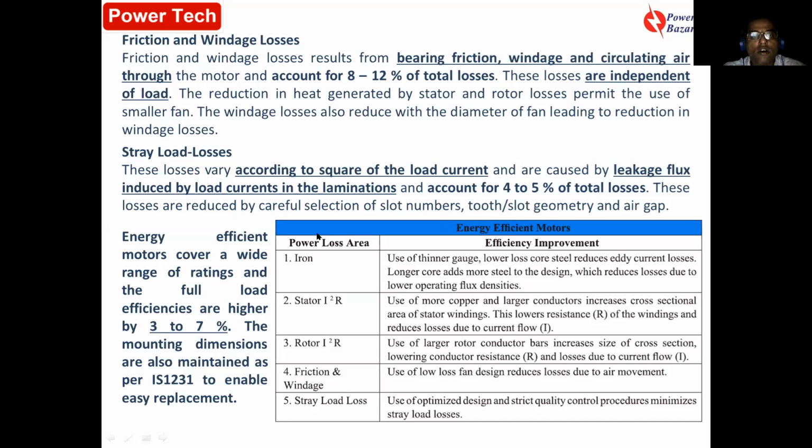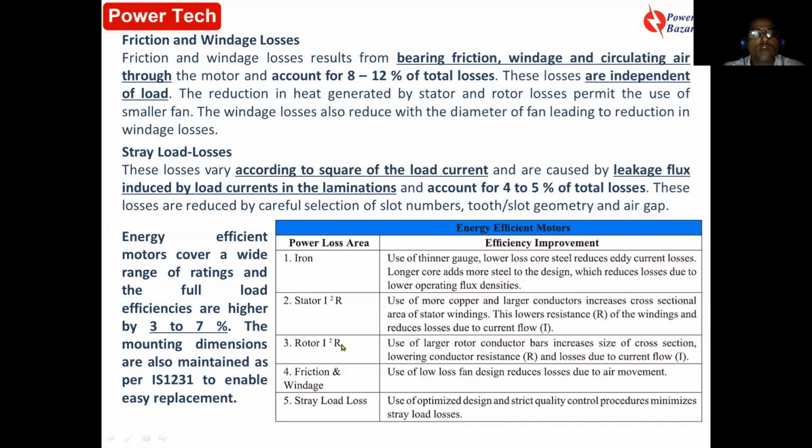So these are the power loss areas, and these are the efficiency improvement measures for any motor, due to which the efficiency increases by reducing these losses. One is iron loss, that is eddy current and hysteresis losses. Stator I square R loss can be reduced by more copper, larger conductor, so R will go down.